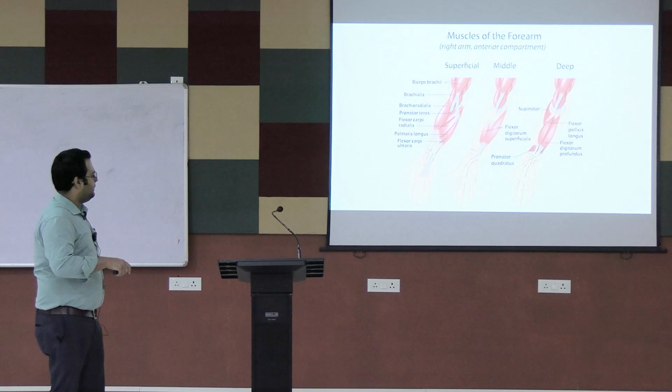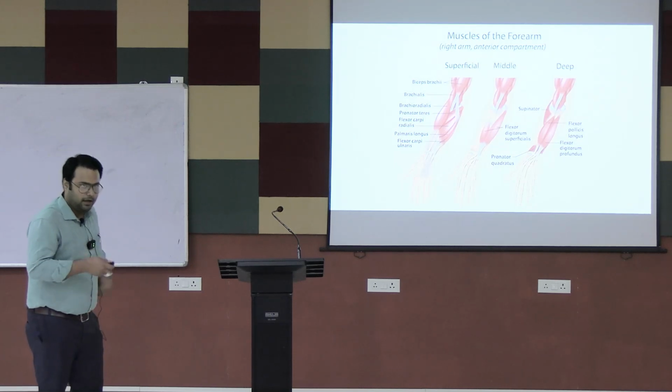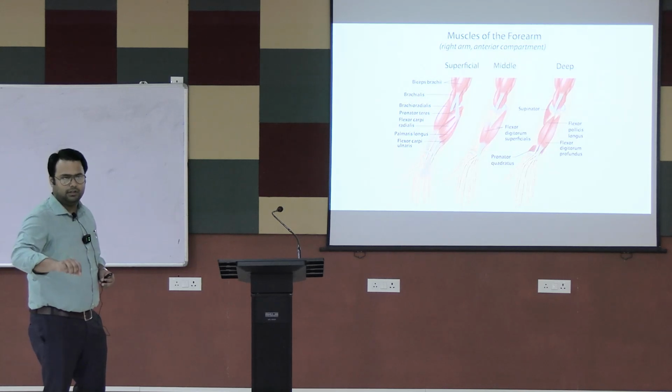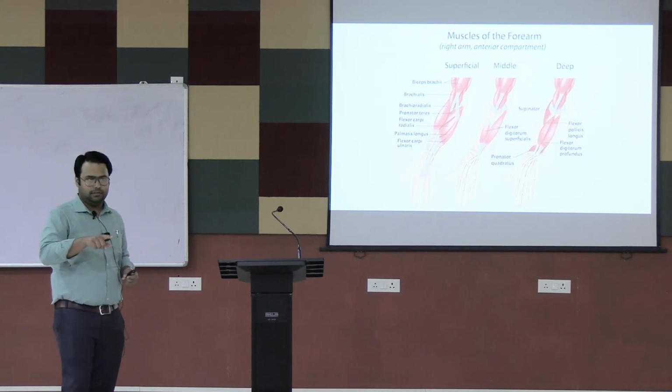Then once again, if the fracture is in the distal part, then due to the added effect of this pronator quadratus, the proximal parts tend to go into pronation. And then in those cases, if you put the distal fragment in pronation, that will be mostly in a reduced position because of the neutralization of the forces.